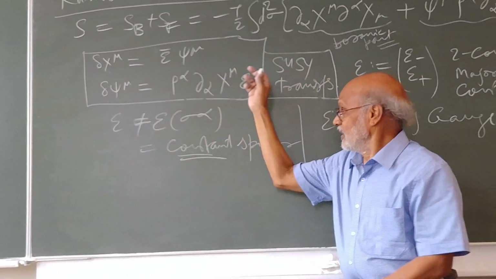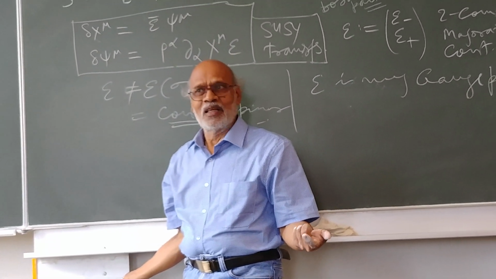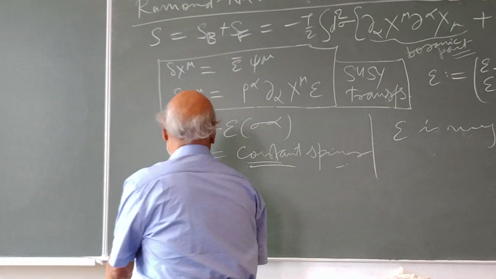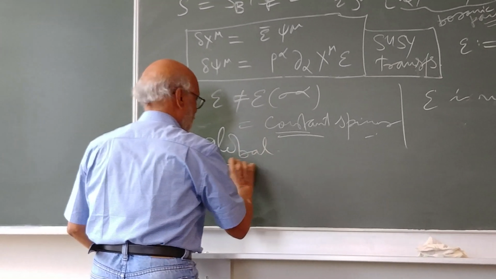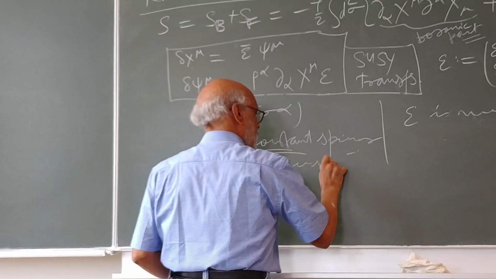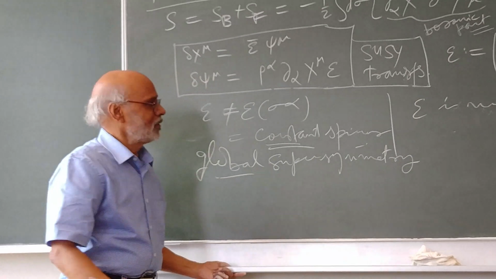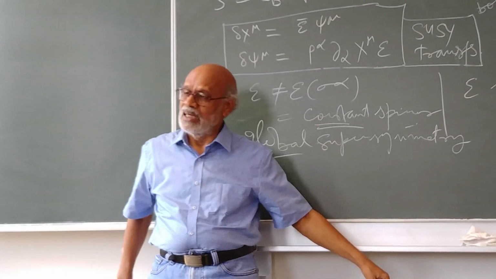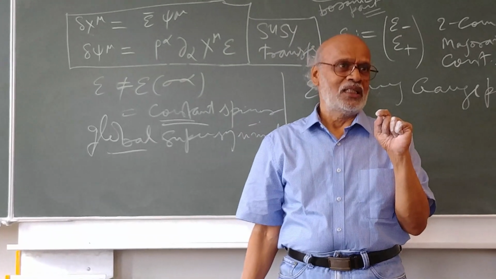It means that in terms of the conventional terminology, I would call it global supersymmetry. If my epsilon were a function of sigma alpha, then I would have local supersymmetry. Okay?